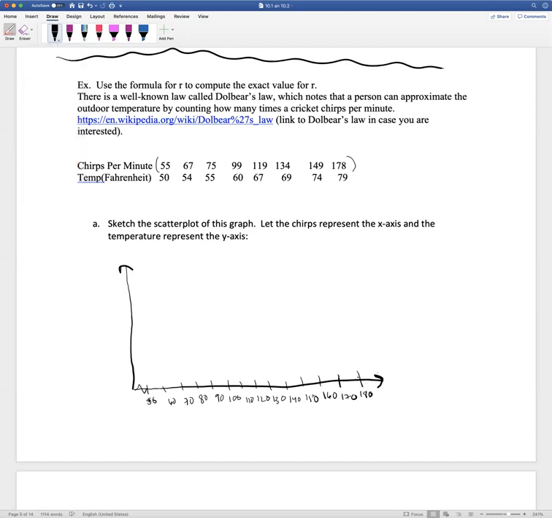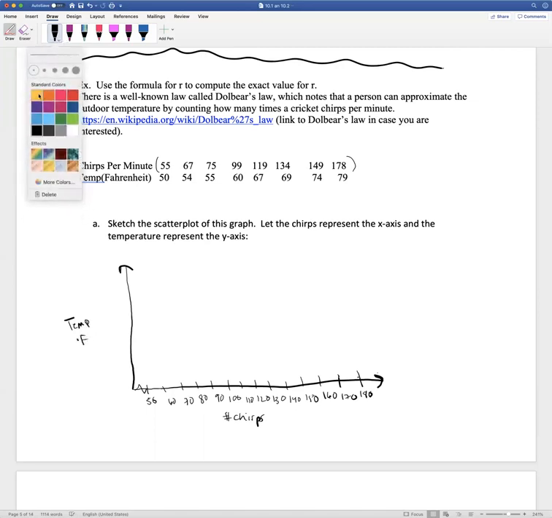Okay, for the temperature, so over here, this is degrees Fahrenheit. For the temperature, I'm sorry, this is the chirps. This is the number of chirps. For the temperature, over here, this is degrees Fahrenheit. The temperature is starting at 50 and going up to 79.